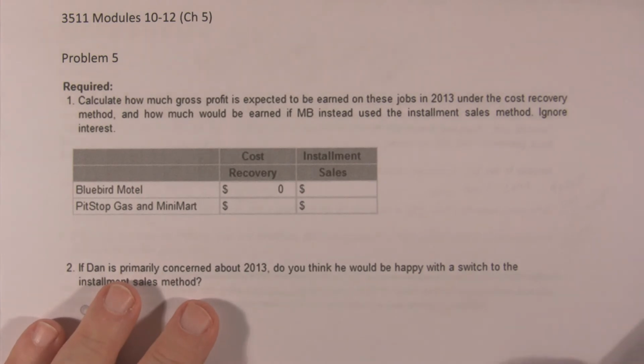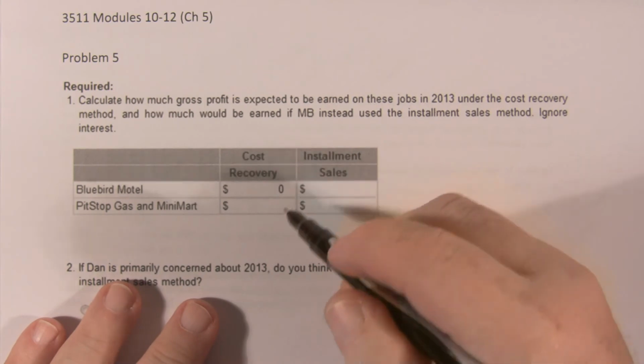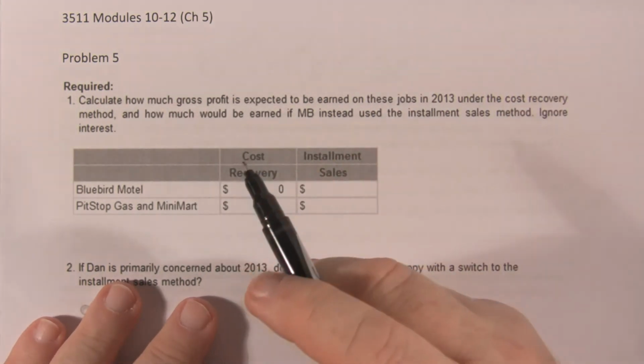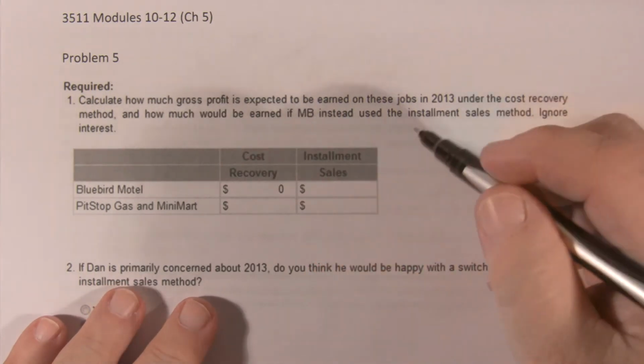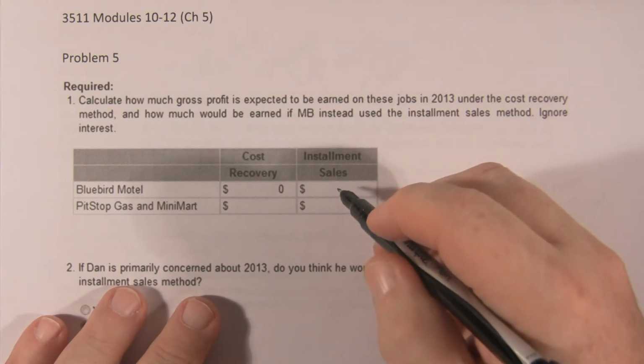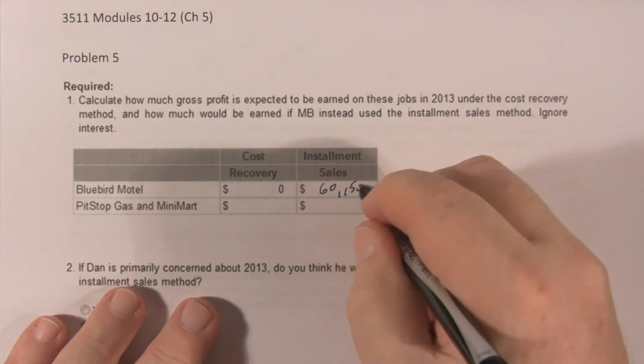Now the Bluebird Motel, that was the one that's already finished pretty much. So the cost recovery, we've already recovered the cost on that, okay? So the installment sales method says we're just going to be able to recognize the $60,150.